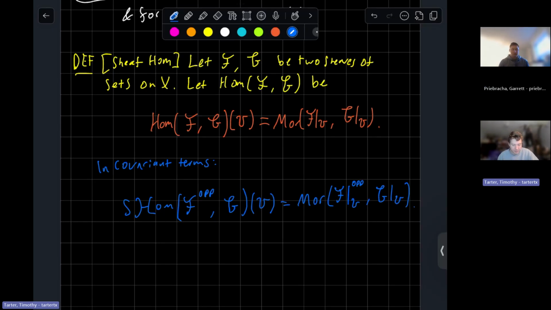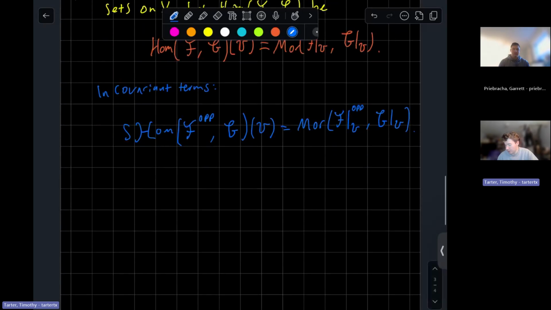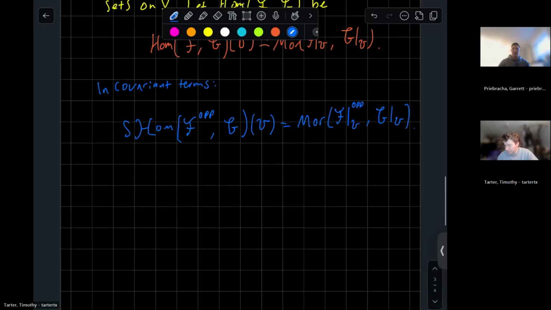And then we take G to be the covariant piece.